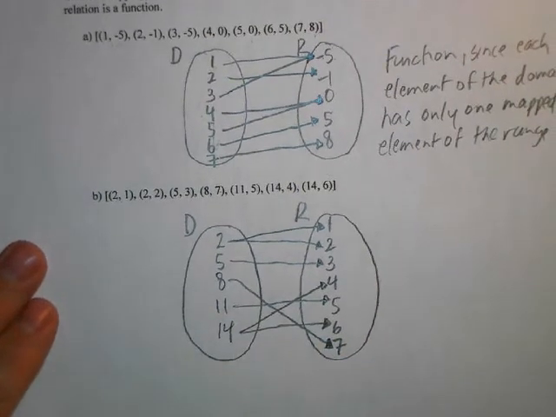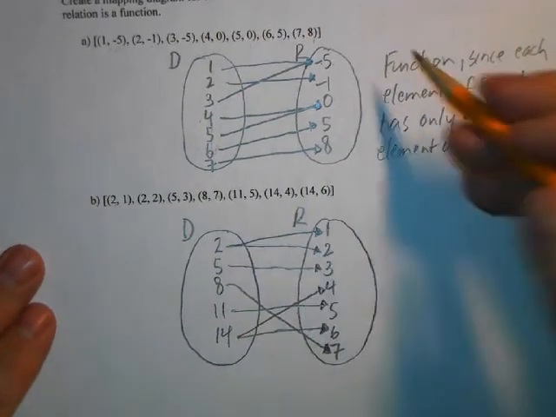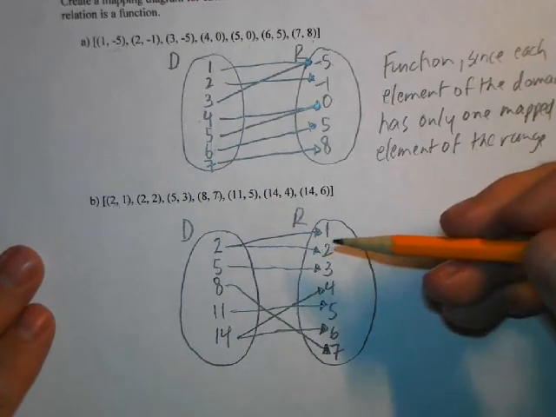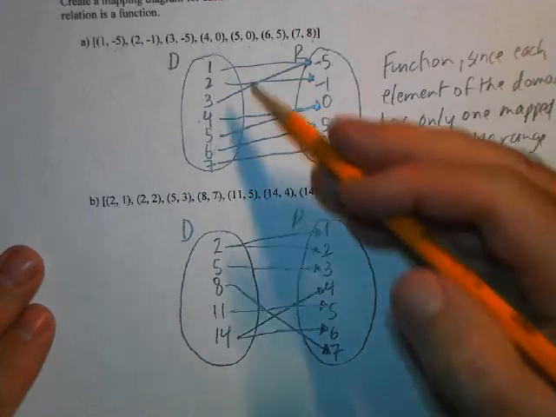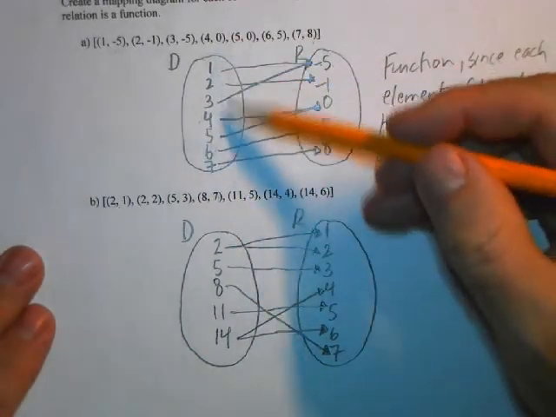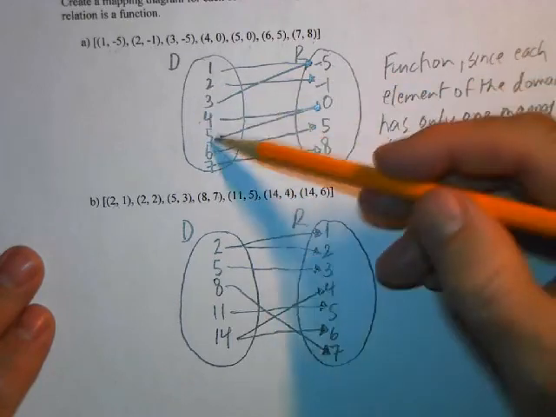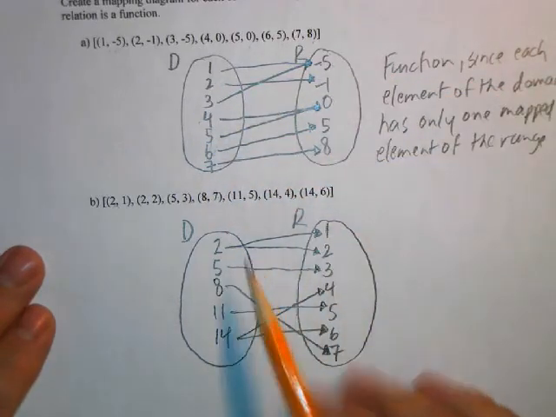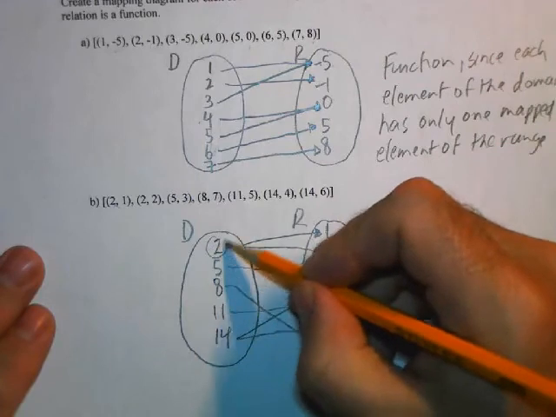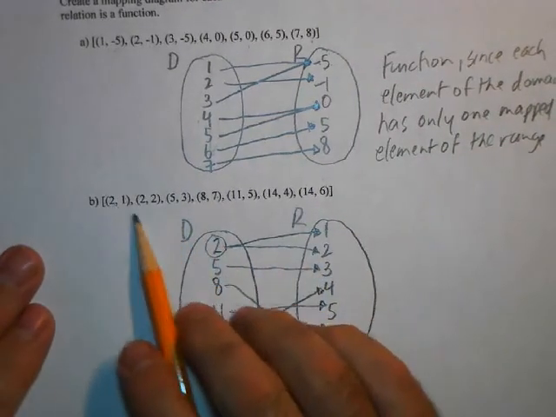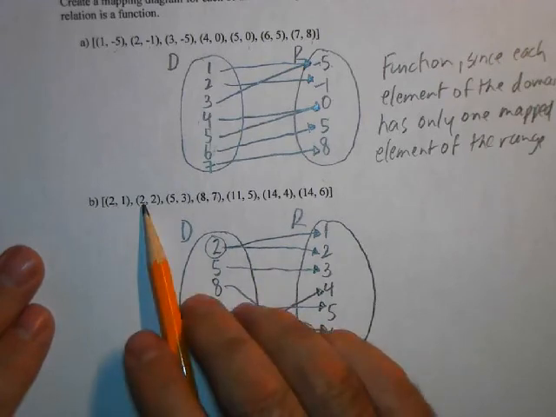Okay, now when we ask the question, is this a function? What we're looking for, like what we had here, this was a function because we only had one arrow leaving each domain element. But here, you can see the 2 has 2 arrows coming off it. So I had the ordered pair 2, 1 and the ordered pair 2, 2.